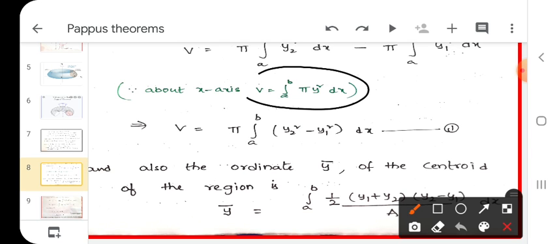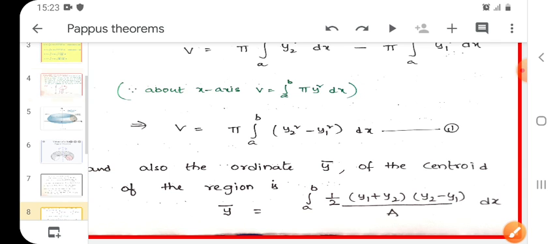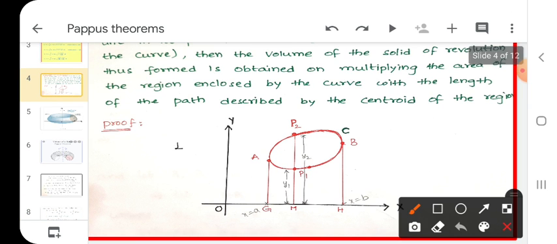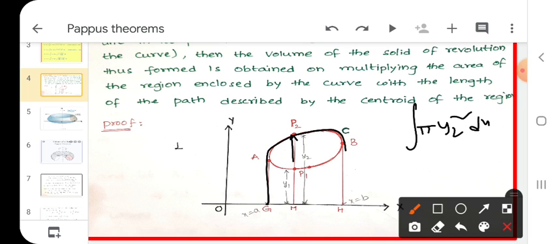See here, we write here, this is volume. Here we have to find only the closed curve volume. If we write pi y2 square dx, we get the volume of the total curve up to the axis.